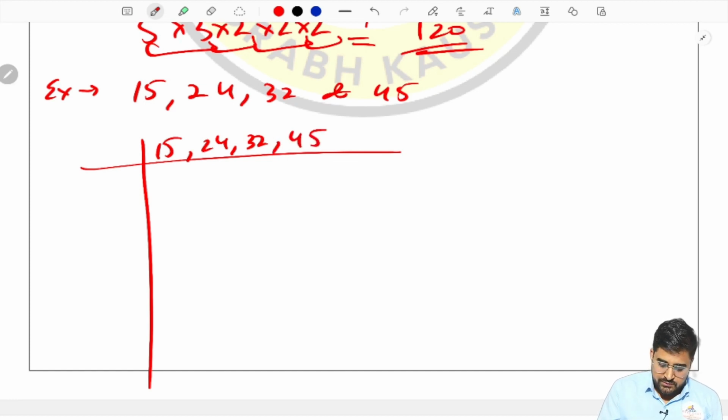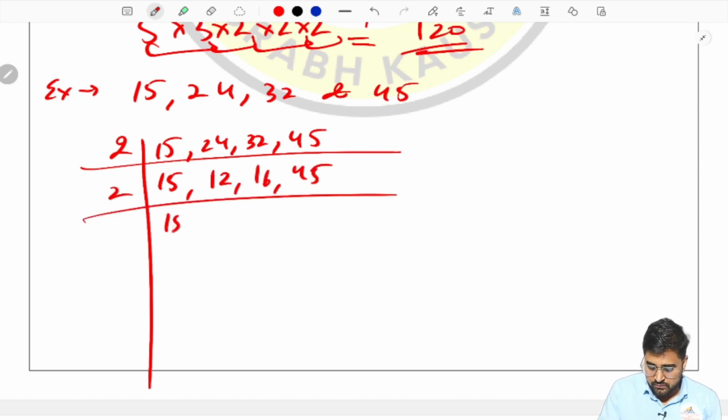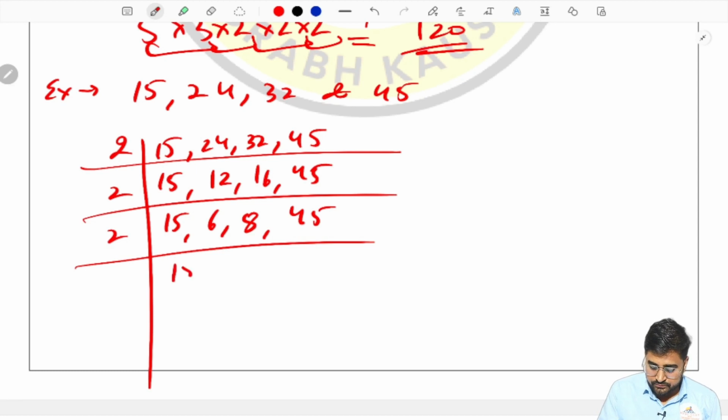Start with the lowest one, which is 2: 15, 12, 16, 45. Again 2: 15, 6, 8, 45. Again 2: 15, 3, 4, 45.